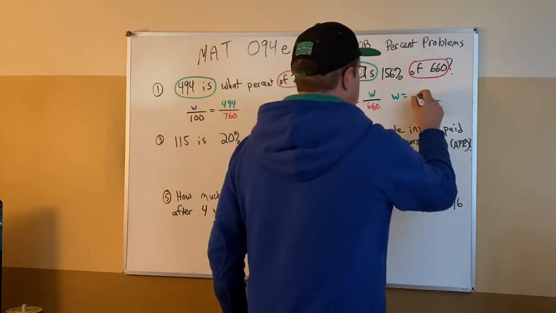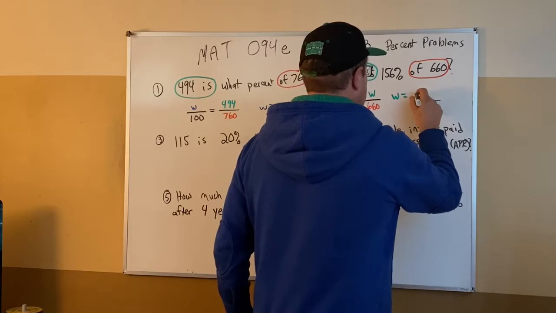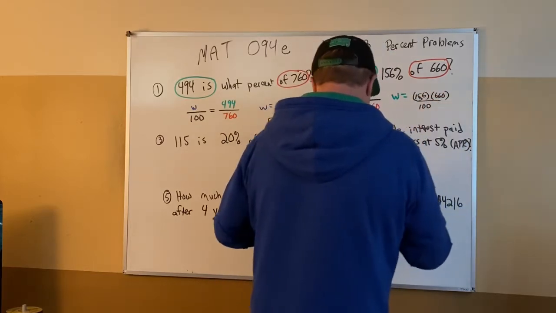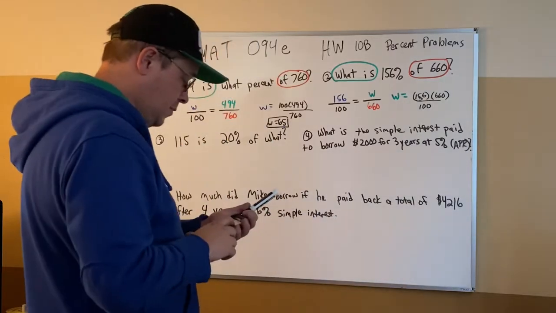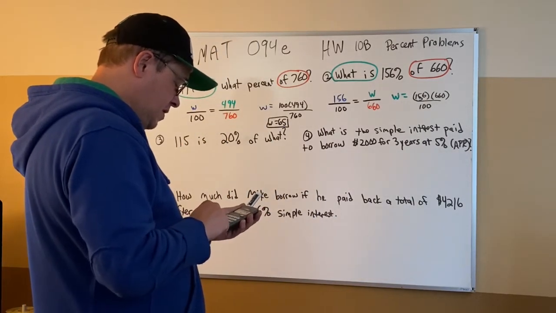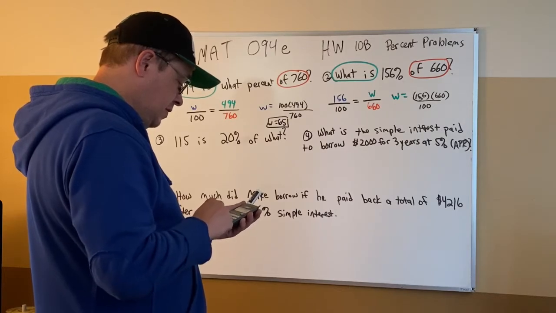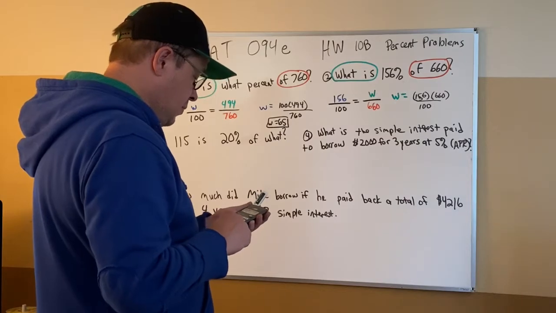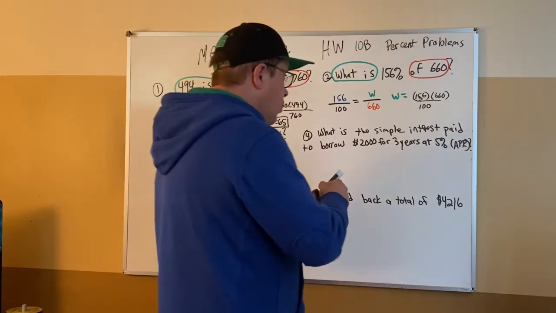The numerator is made up of 156 and 660 getting multiplied together. Let's see, 156 times 660 equals that, and I'll divide by 100. I come out of here with 1029.6.